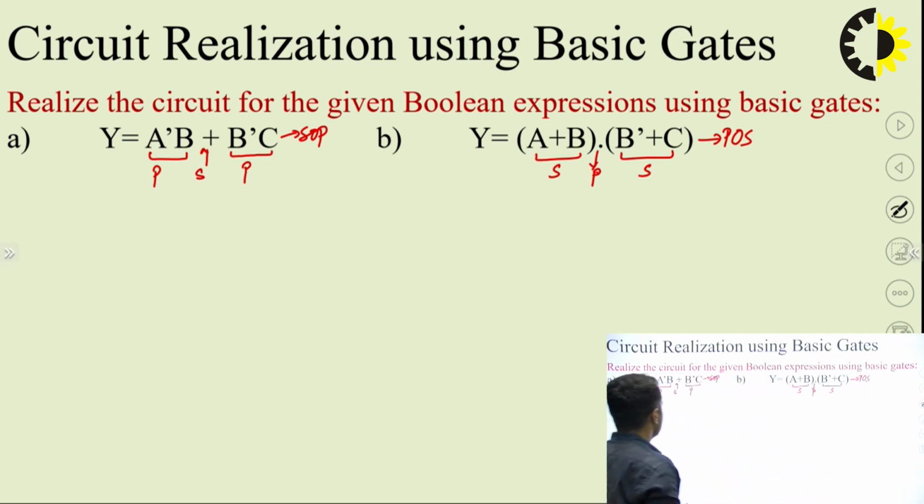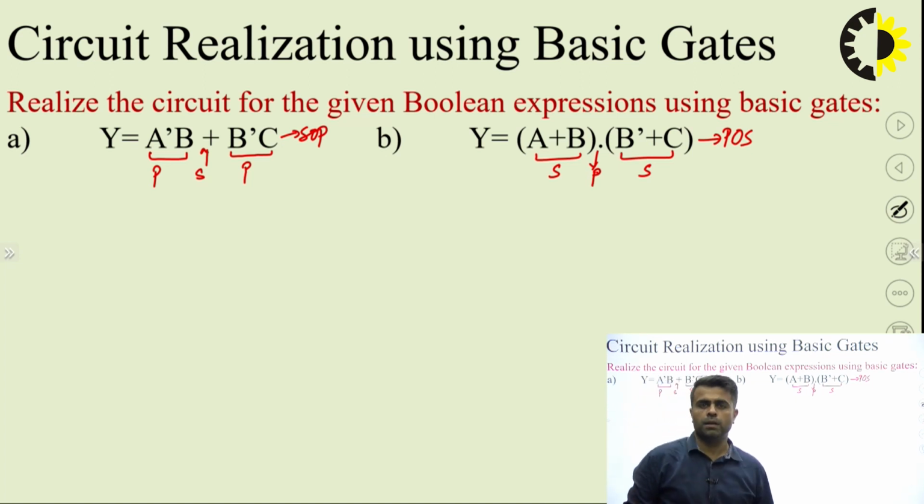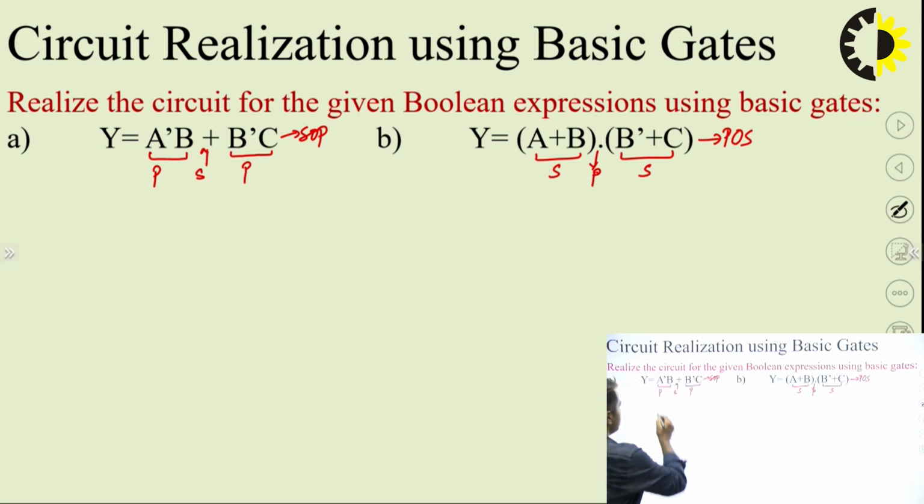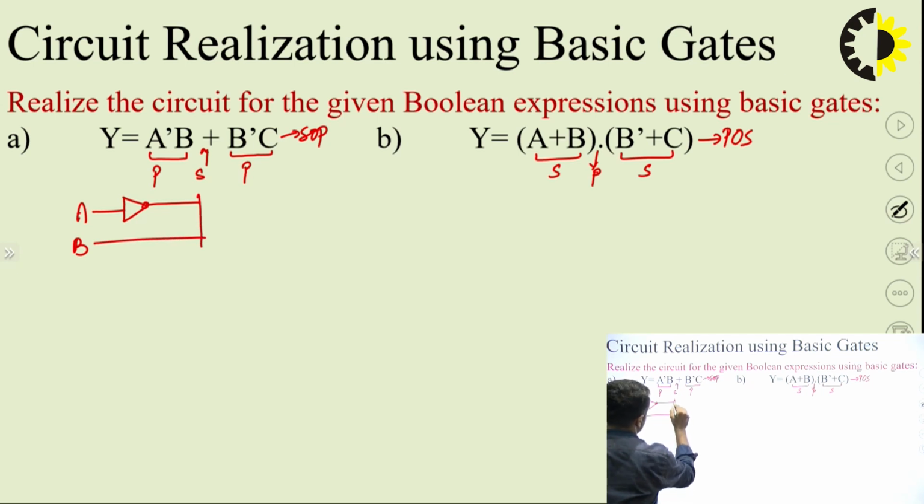Okay. If you want to draw the circuit, these are simple expressions. We can realize the circuit as per our requirement. As and when an operation is performed, we can realize that operation using a circuit component. Starting with the expression, there is a bar over A, so A will be converted into A bar using a NOT gate. Then there is B, and both these are to be multiplied.